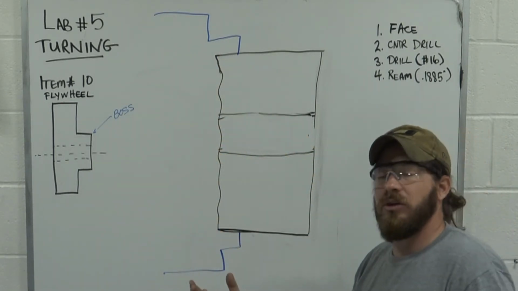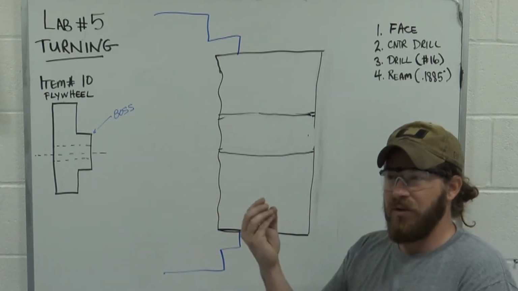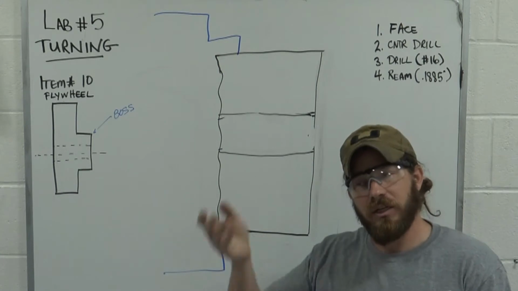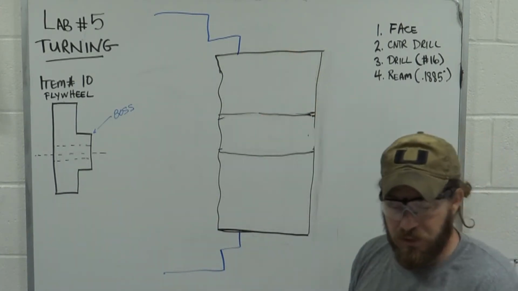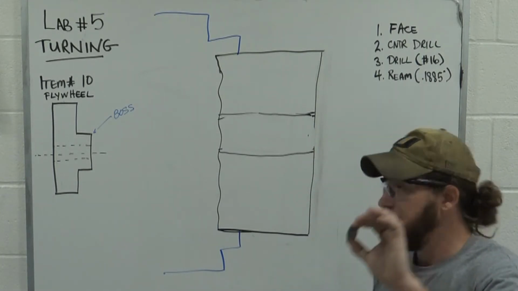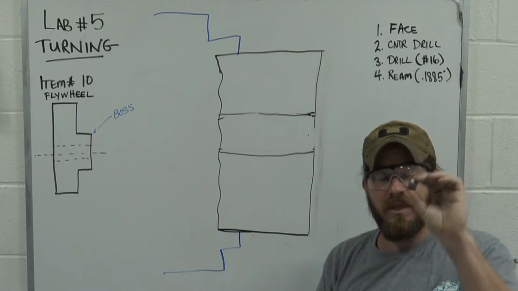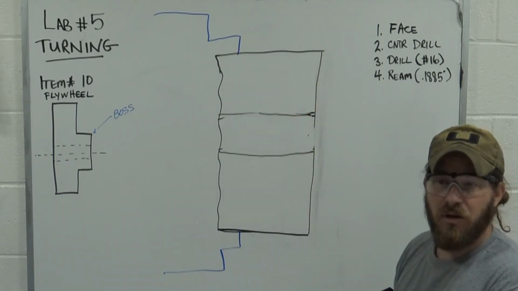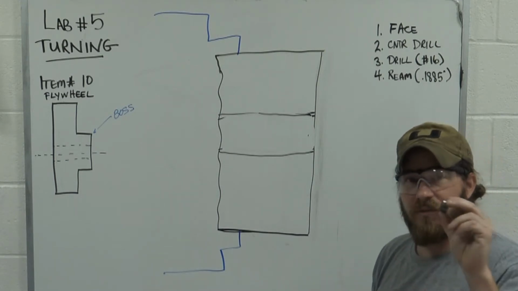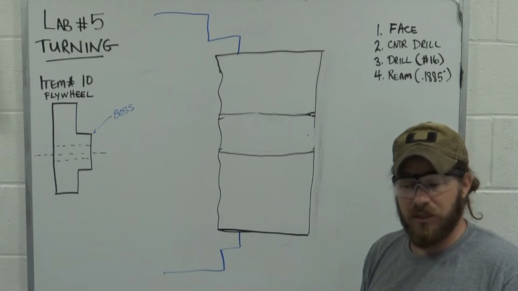If we start turning the boss right now, we're going to end up not having a whole lot of material to hold on to do the back side. While this part is still roughly the same size, all we're going to want to do is flip this thing over. That way we still have a big chunk to hold on to in our chuck.